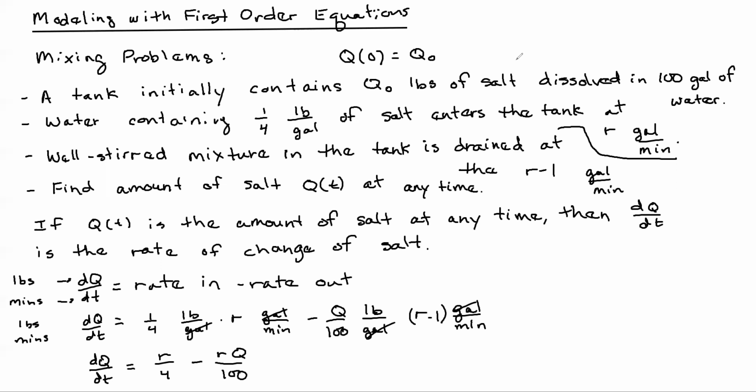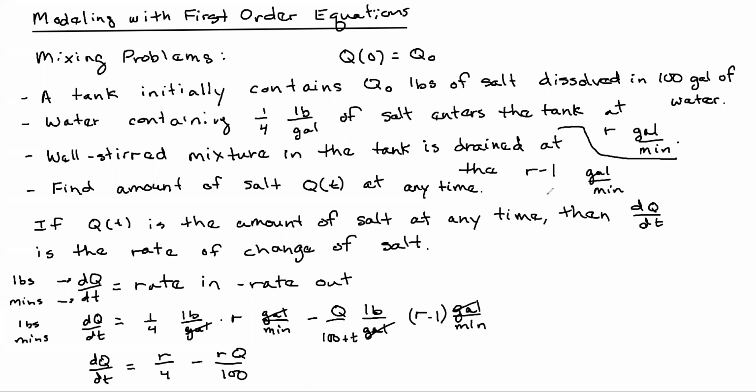So if that were the case, you'd need to take this denominator here, and instead of having it be 100 gallons, well, you have 100 gallons initially, but after 1 minute you have 101, and after 2 minutes you have 102, and then 103 and 104. So what you need to do is have 100 plus however many minutes have passed, to determine the amount of gallons. That is the change you'd have to make if you had this type of problem with R gallons and R minus 1 gallons per minute.